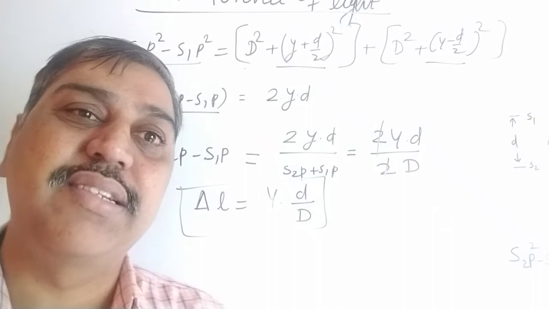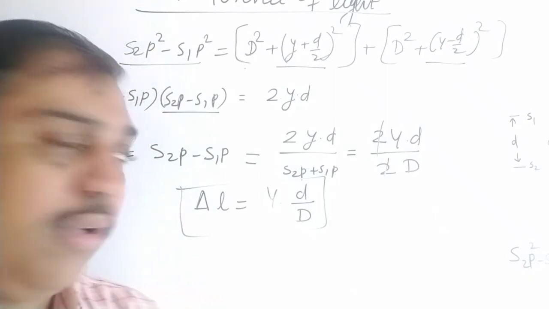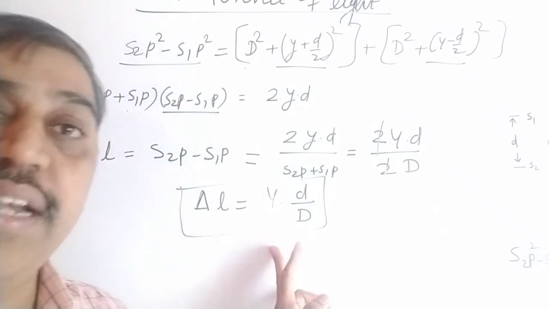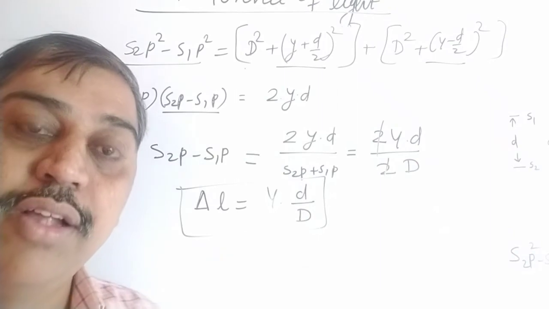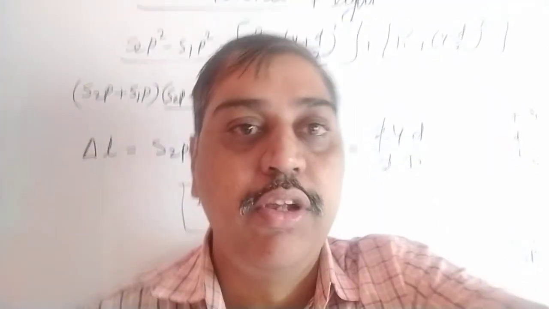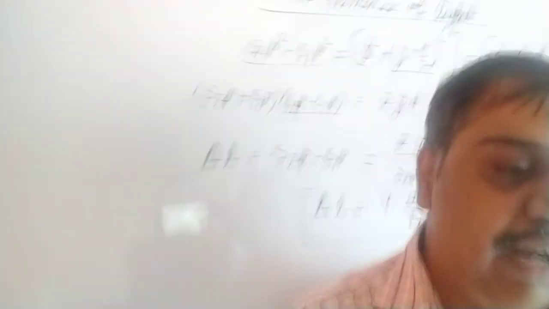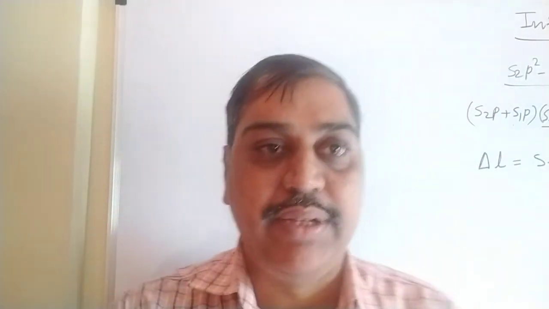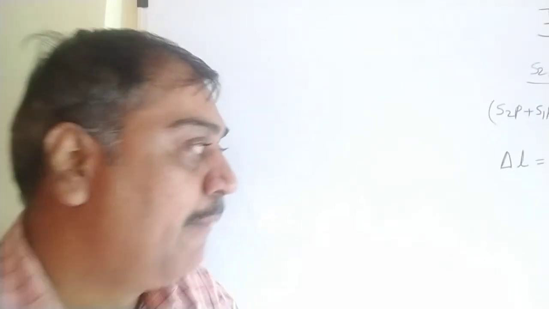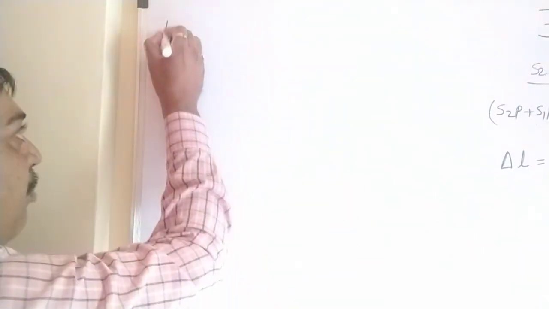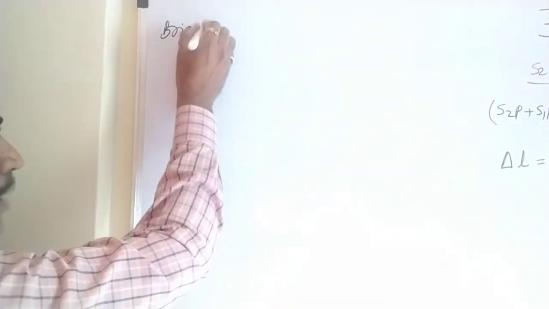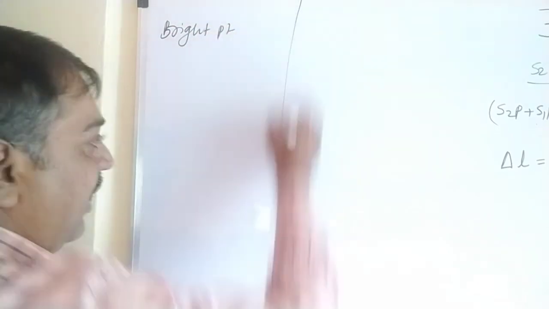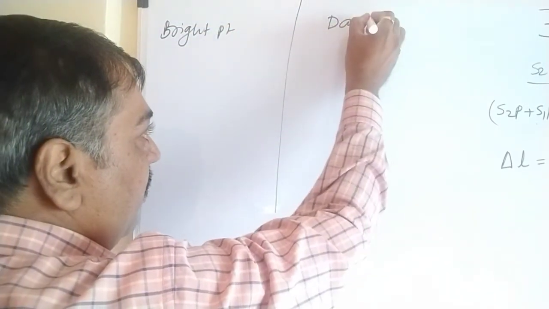Now point P is said to be a bright point when this path difference is an integral multiple of lambda. So two conditions we have to draw. Let's draw that condition to this side, and let's see what are the conditions for bright and dark point. Here I will make two columns: the first column is bright point, and the second column is dark point.